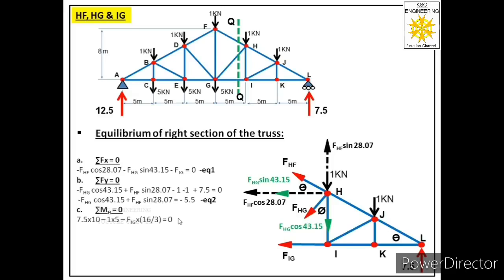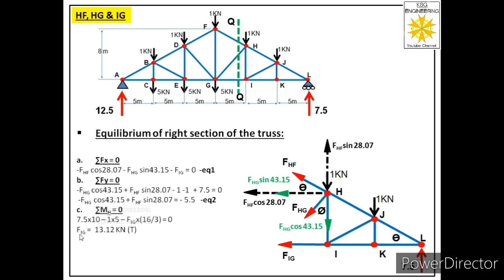So equation will be 7.5 into 10 minus 1 into 5 minus FIG into 16 by 3 equal to 0. So from here we will get value of FIG as 13.12 kilonewtons. We got positive answer for this force. That means this is our tensile force.